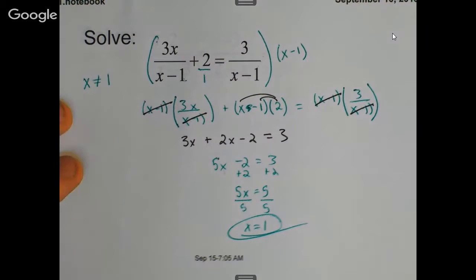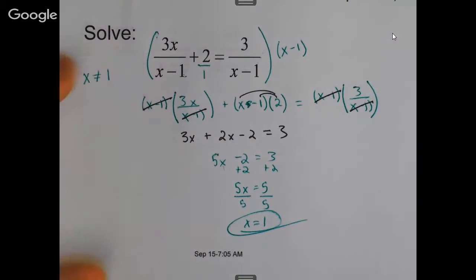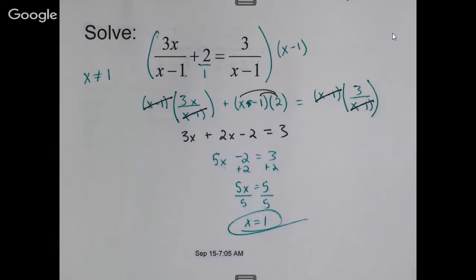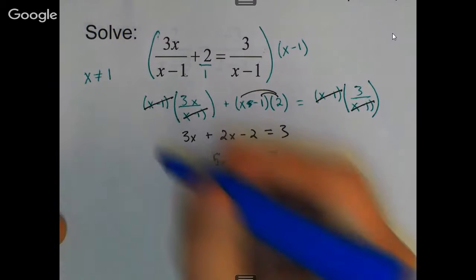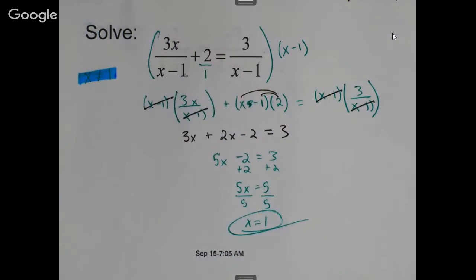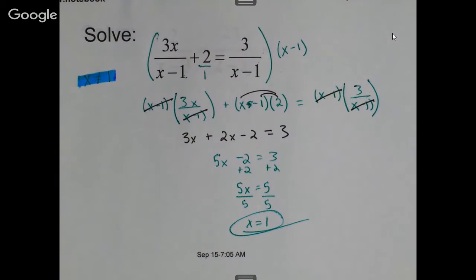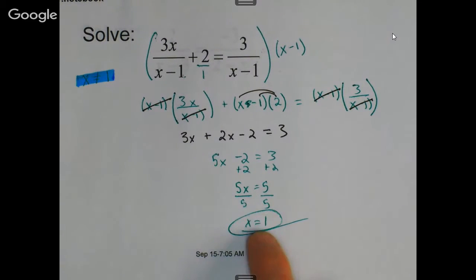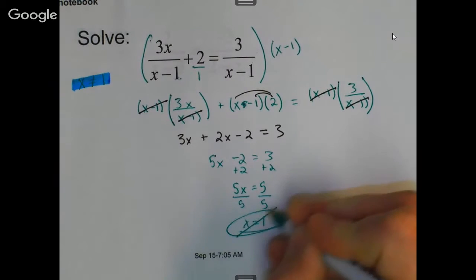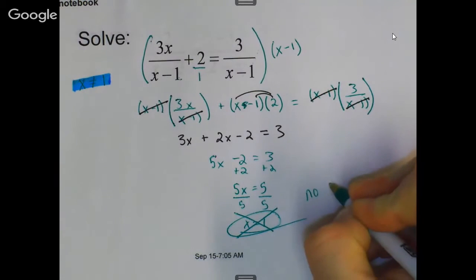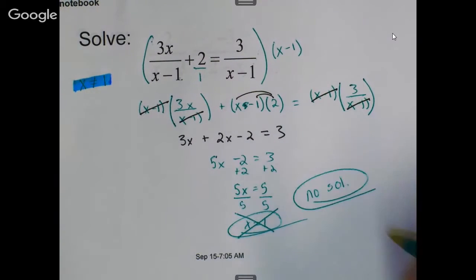Super simple, okay? As long as we get rid of the fractions, we're good. But if we wait just a second and check our domain, we said that x could not be 1, but we got a 1. So in this case, this cannot be the solution, and we will say that there is no solution.